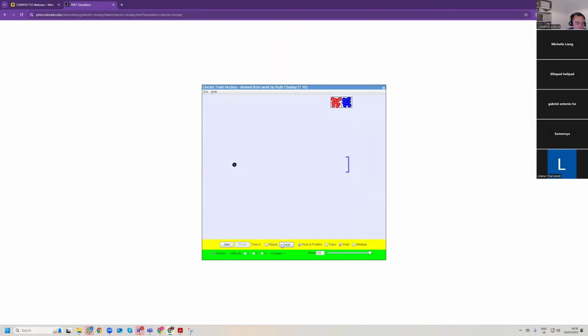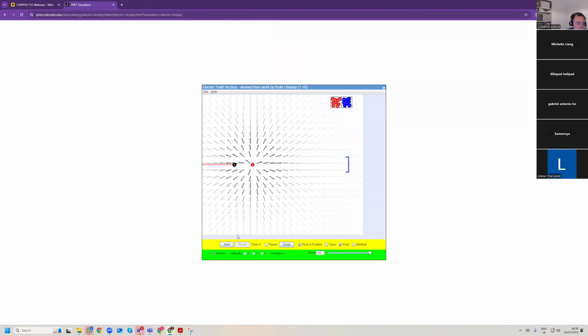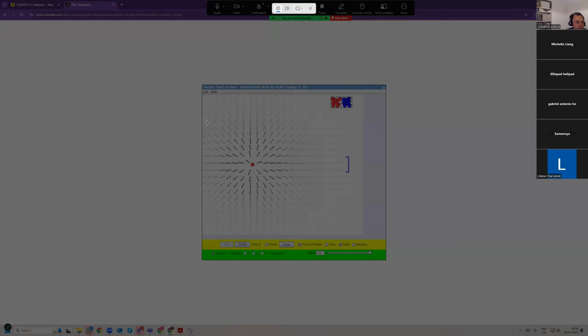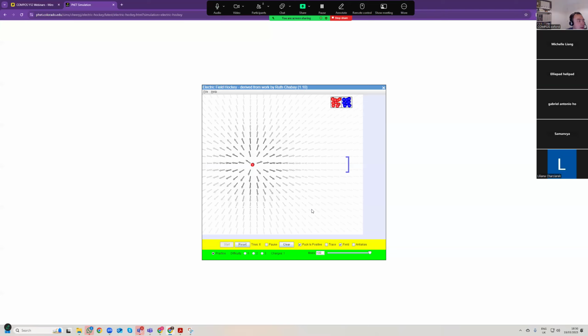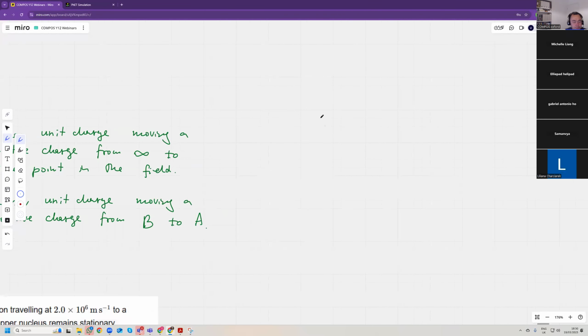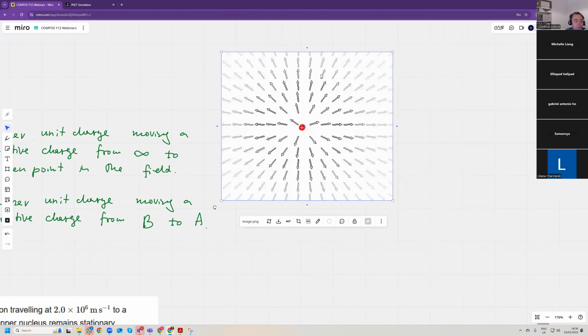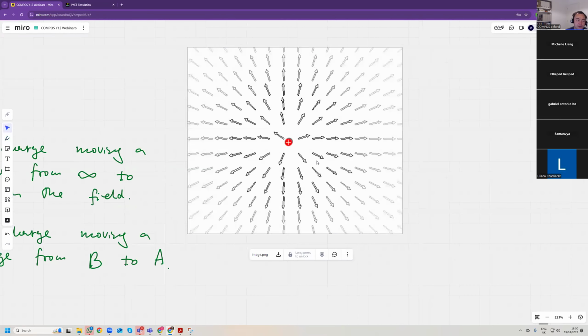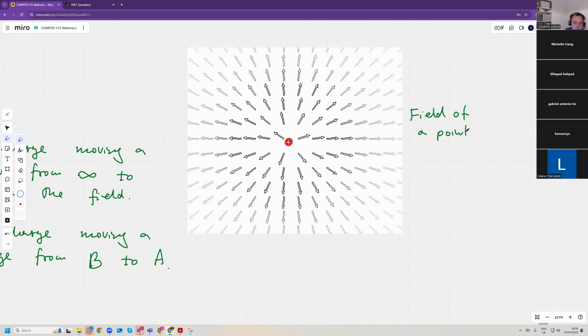This is a charge. And this is a field. This is a field produced by a point charge.